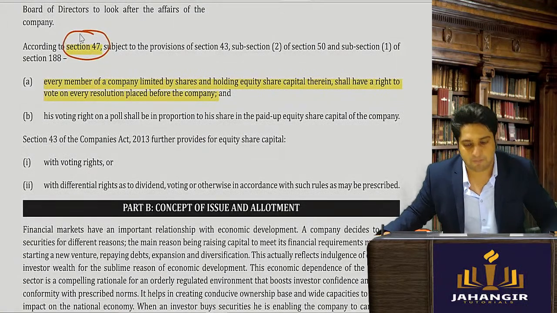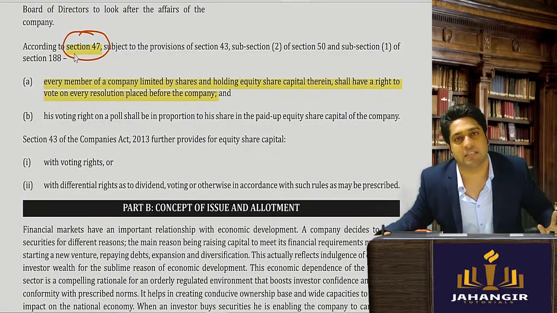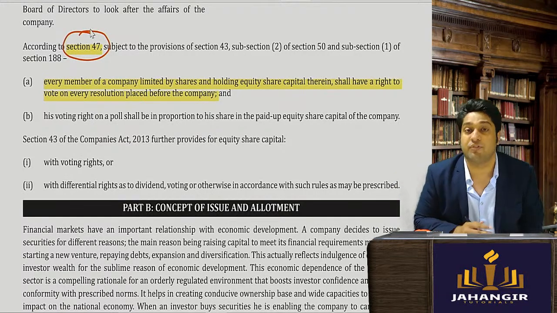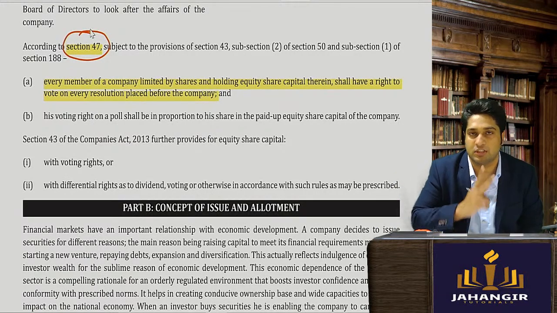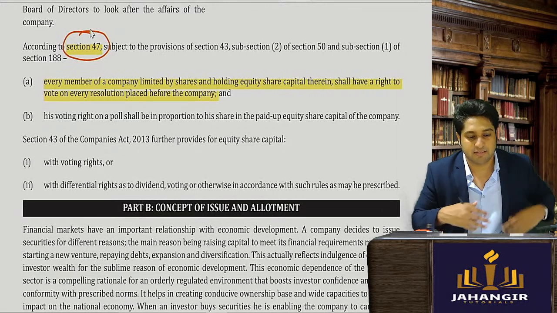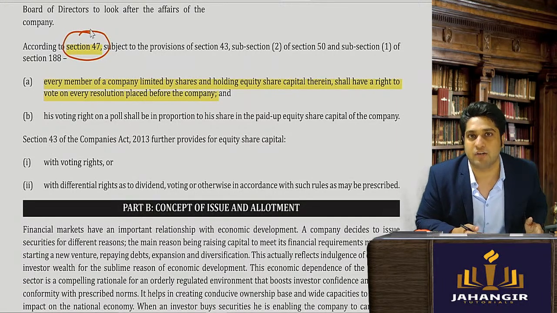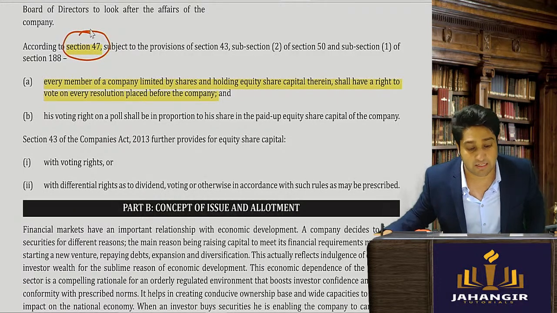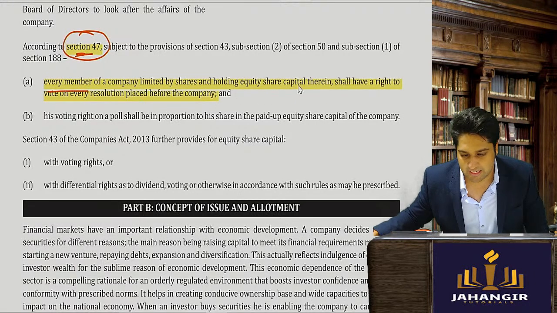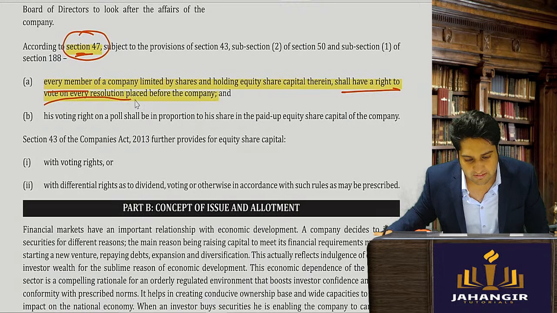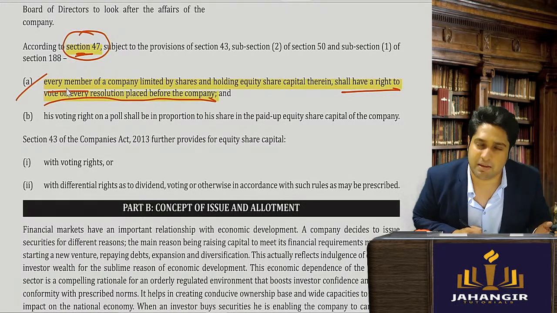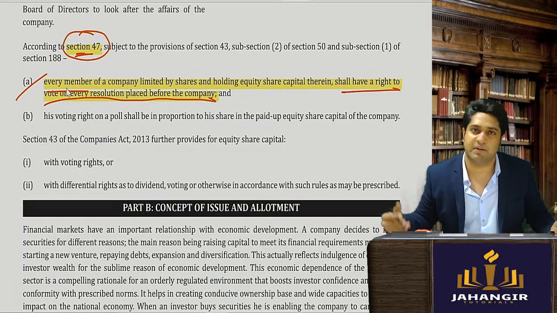Section 47, I told you what is to be remembered in section 47: if preference shareholders have not been given dividend for 2 consecutive years, then they will get a right to participate in every single meeting and vote at every single resolution as well. Section 47: every member shall have a right to vote on every resolution placed before the company.